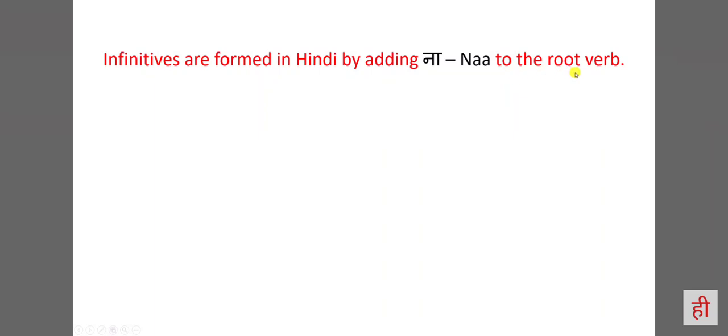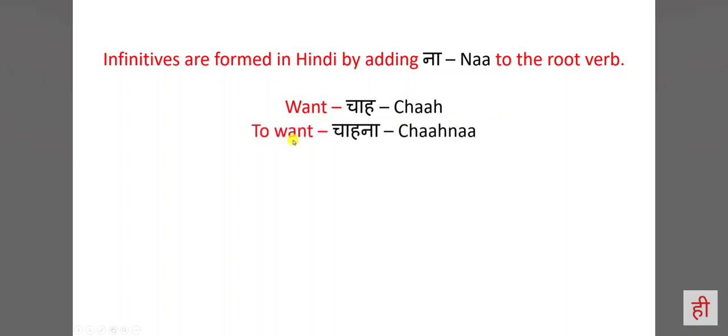In Hindi, infinitives are formed by adding na to the root verb. For example, want is chah. Chah is a root verb. To want is the infinitive. In Hindi, to frame the infinitive, we add na to the root verb.